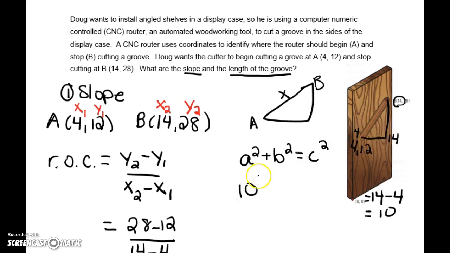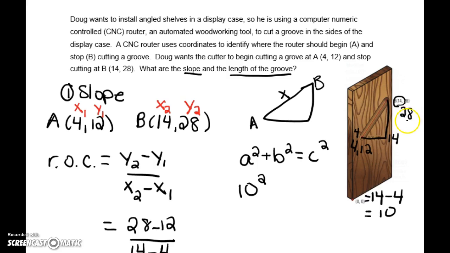So I'm going to let that be our a value. Now we're going to do the same thing for the b value, and that one we're looking at the vertical distance, going from point A up to point B. Starting here, we're at a y value of 12, which is your vertical distance, so going from the bottom of your board to A is 12. And then going all the way up to B is 28.